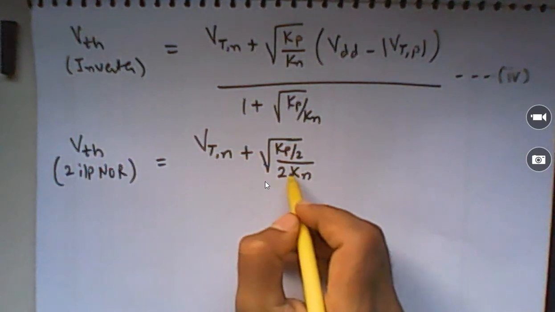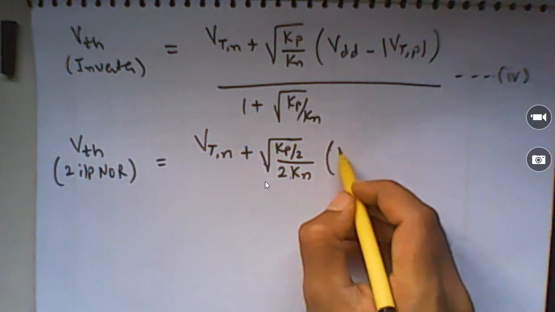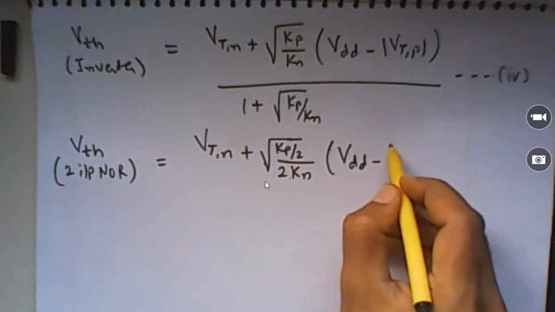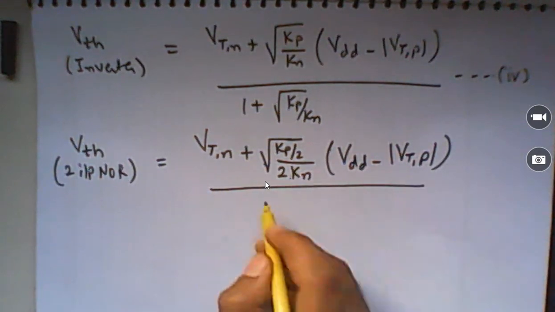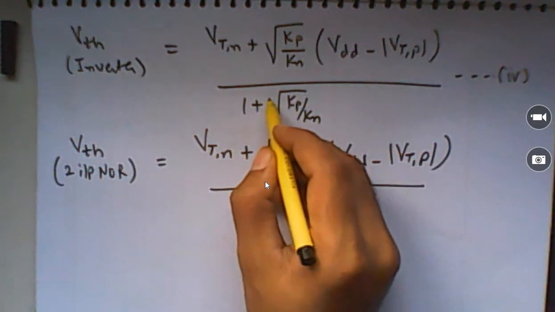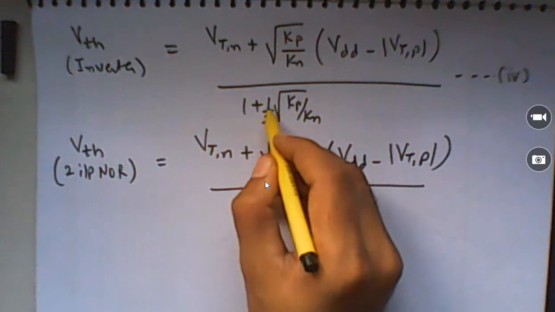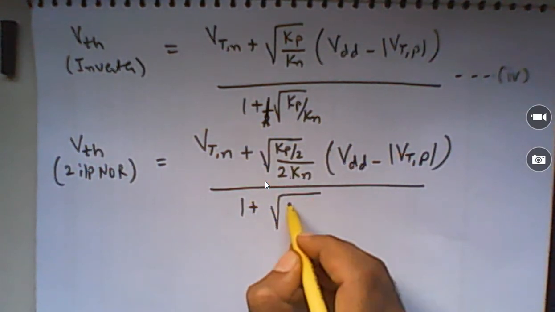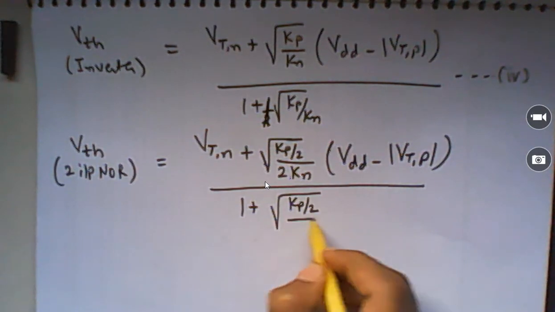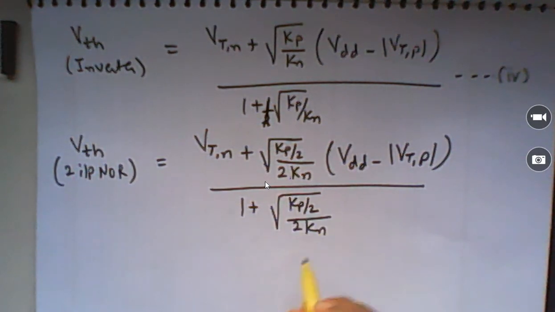So it is Kp by 2 Kn into VDD minus VTP, divided by 1 plus, let's take the 1 upon 2 inside, so it is Kp by 2 plus 2 Kn.